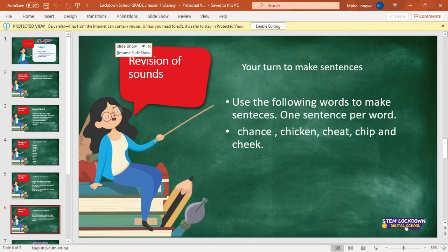One sentence per word, 4 minutes. And when we go for Q&A, that's where we're going to actually see the sentences. So you can write them in the Q&A, but write them first in your book because 4 minutes is a lot of time.